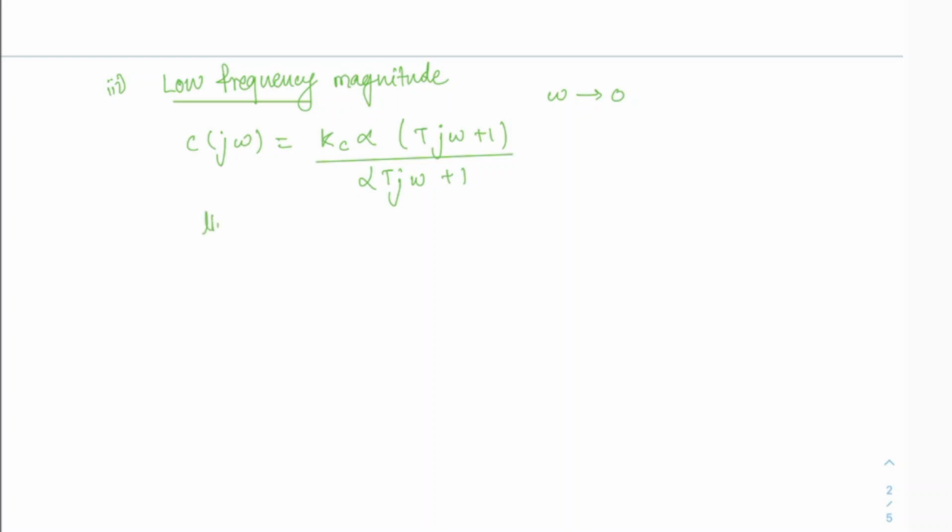So limit omega tending to 0 of C of j omega would be Kc into alpha. In the numerator omega is 0, so in this bracket there will be 1, and in the denominator also when omega is 0 we will be left with 1.